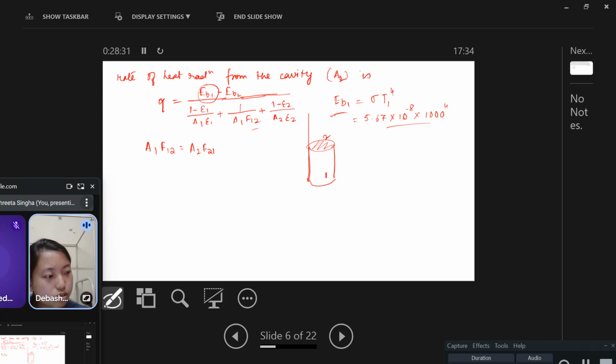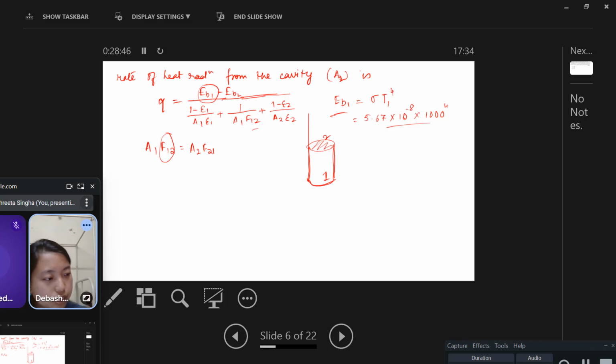This whole one is 1, consider it as 1. So we need to find out this F12, means how much 1 is emitting which is received by this 2.